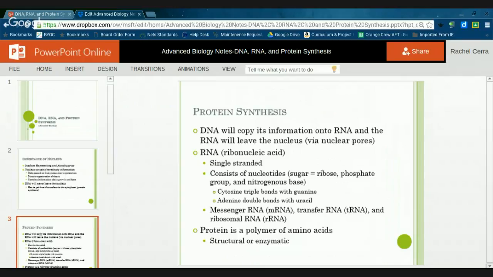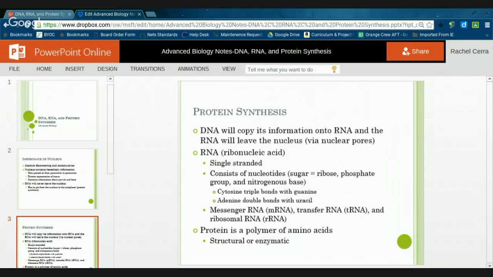And then your nitrogen base, which is attached above. Your bases are, for the most part, identical, if you recall, but there's one base that is different. In RNA, you use the base uracil, but in DNA, you use the base thymine. So adenine will pair with thymine in DNA and uracil in RNA.